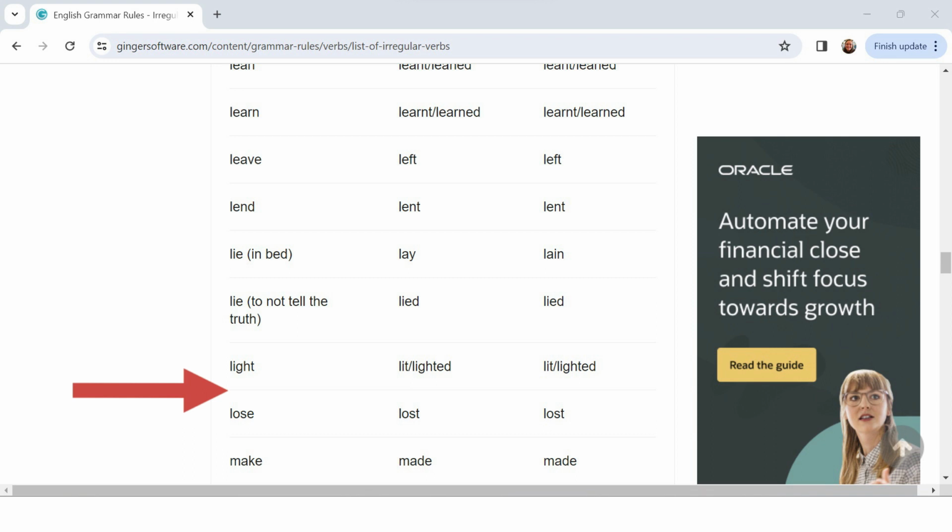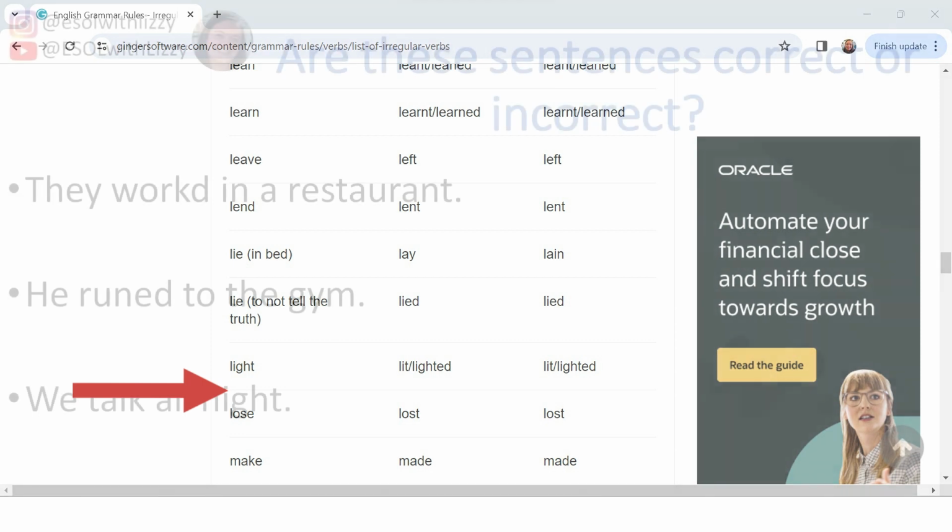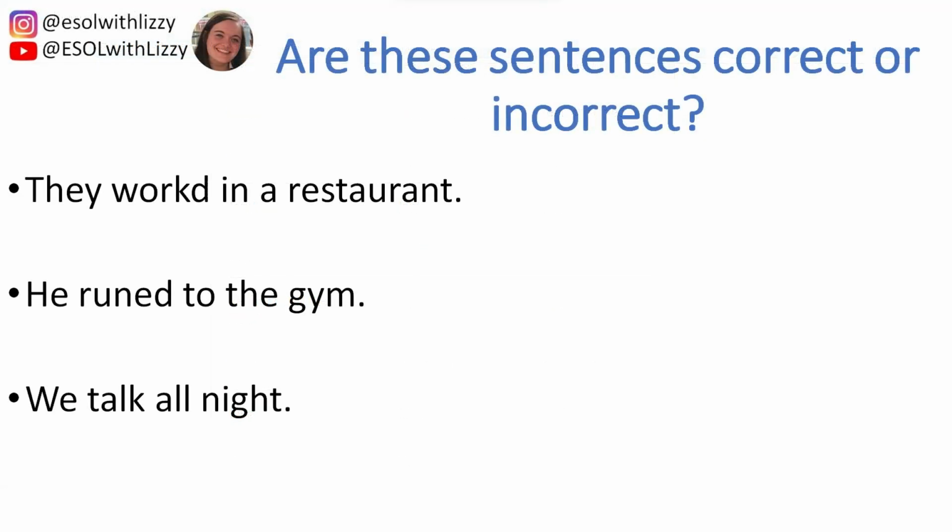Okay, so let's test our understanding of the simple past tense. I'm going to show you some sentences, and I'd like you to think about whether the simple past tense is correct or incorrect. Firstly, they worked in a restaurant.